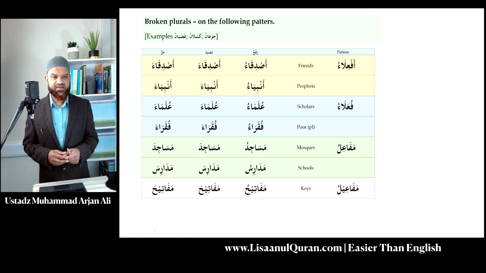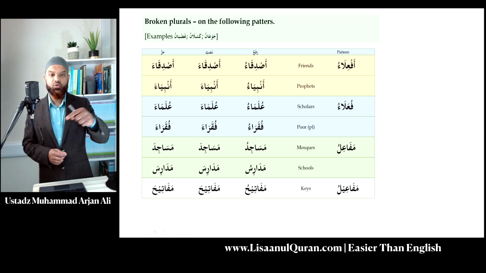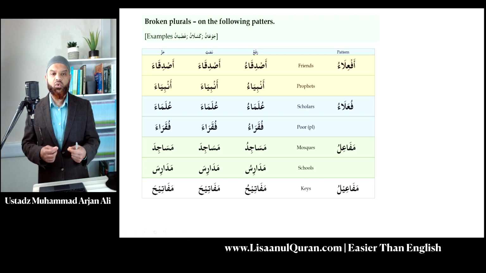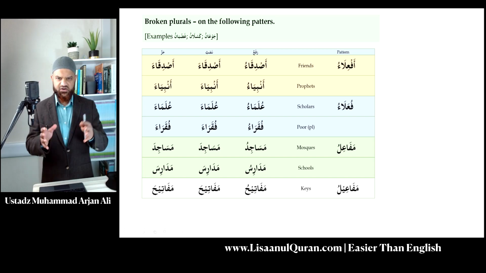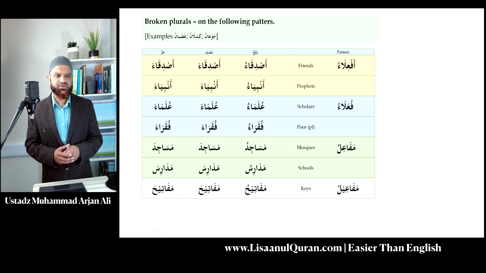Then we have the other pattern, fu'ala'u. So ulama'u, scholars. Alimuna, alimina can be there also, but this is also a broken plural. Ulama'u, ulama'a, ulama'a. Then fuqara'u, fuqara'a, fuqara'a. Many examples of words that conform to these patterns. Many you'll come across, inshallah.